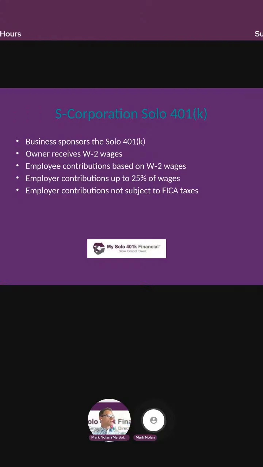So how are contributions calculated for a self-employed S corporation? The contributions are based on W-2 wages, as I mentioned earlier, box 1, that's the starting figure. And again, for 2026, you can contribute $24,500 as an employee contribution.